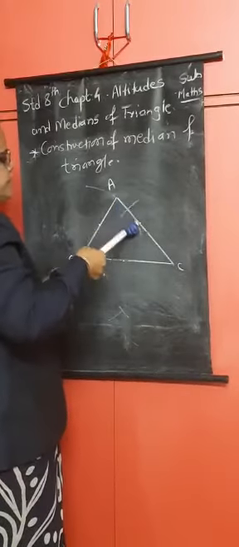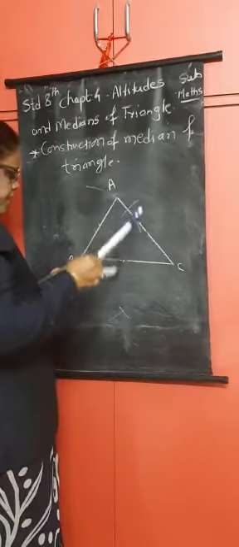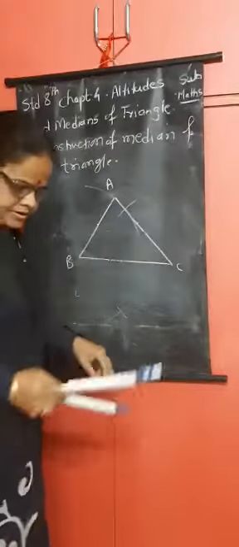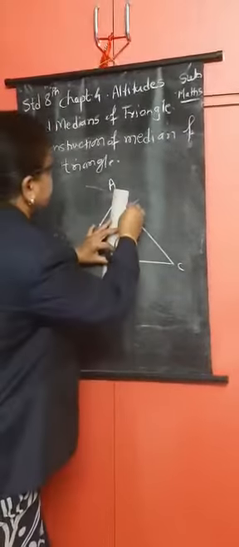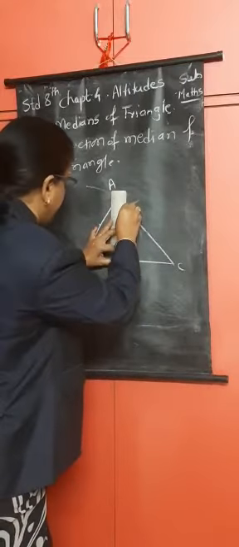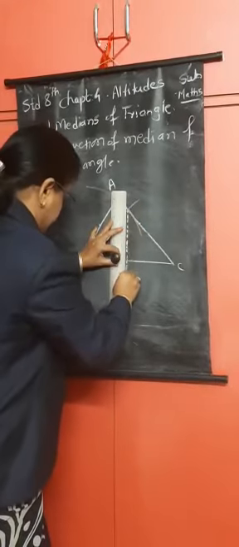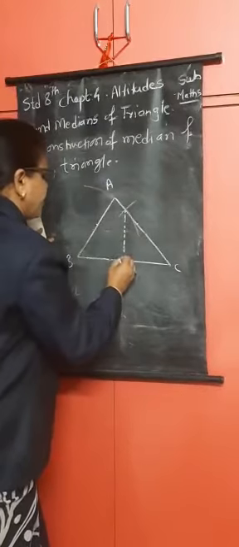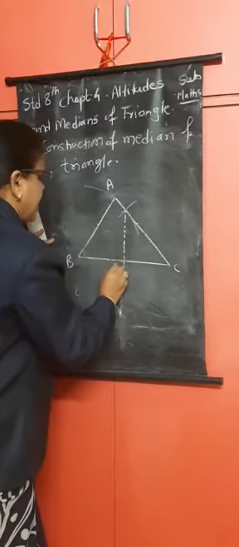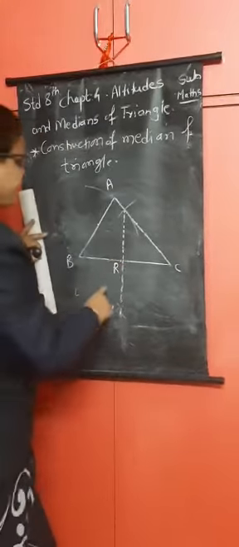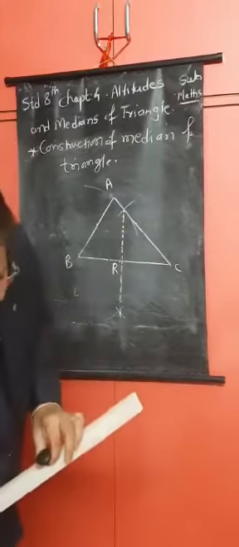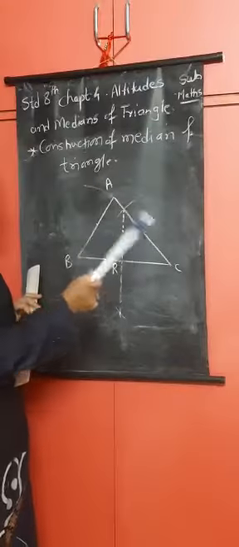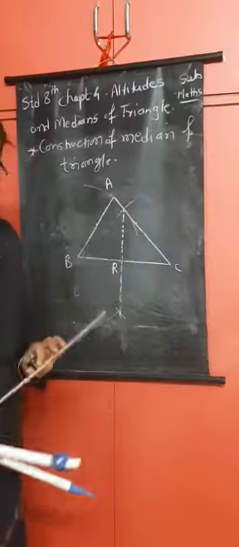In this way, we got the midpoint of BC. This point R is the midpoint of BC. In this way, with the help of this compass, we find the midpoint of side BC.